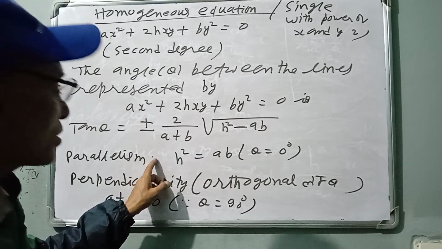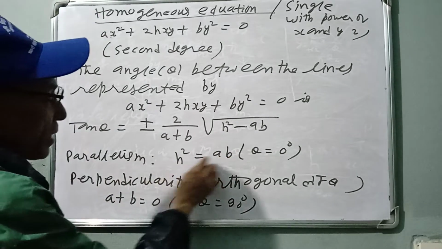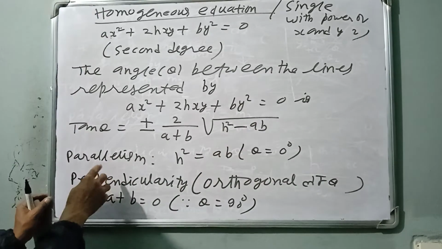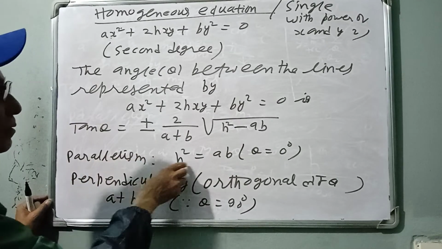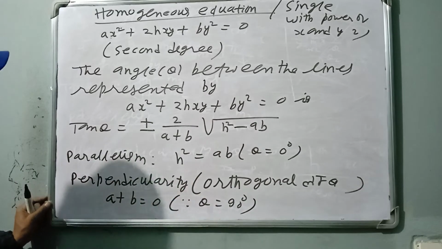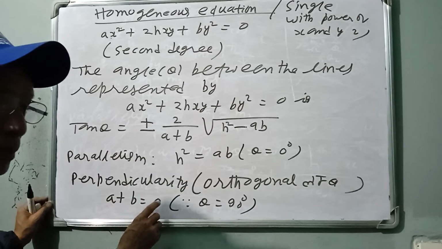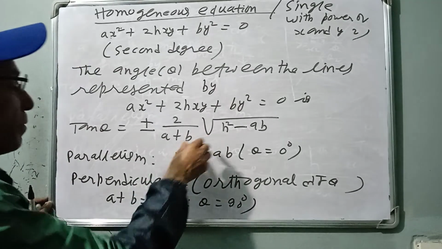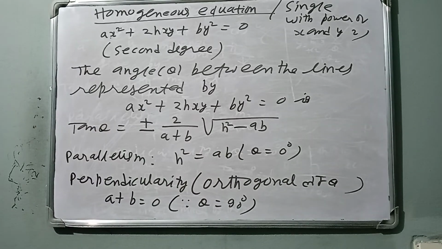If h square equal ab, then the two lines are parallel. Again, perpendicularity: if two lines are perpendicular, then a plus b equal 0. If a plus b equals 0, the two lines are perpendicular.